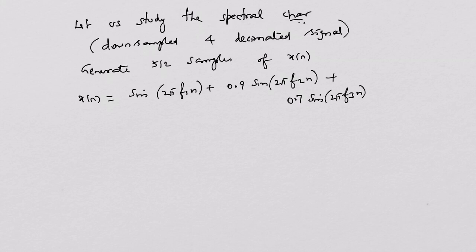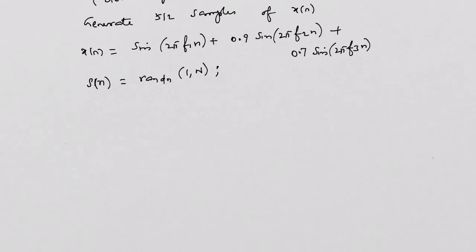x of n. Along with this, we plan to generate a sequence S of n, which is random in nature, randn of 1 comma N. We shall sum up x of n, let me call this x1, with 0.8 times S of n.